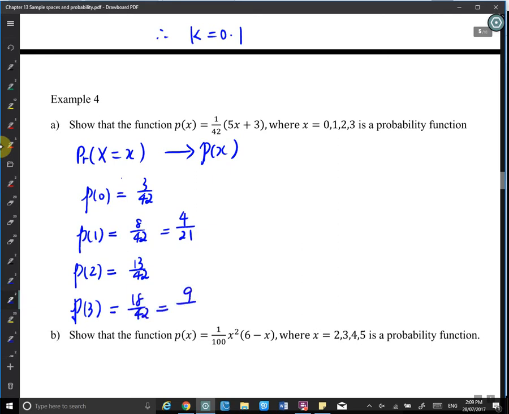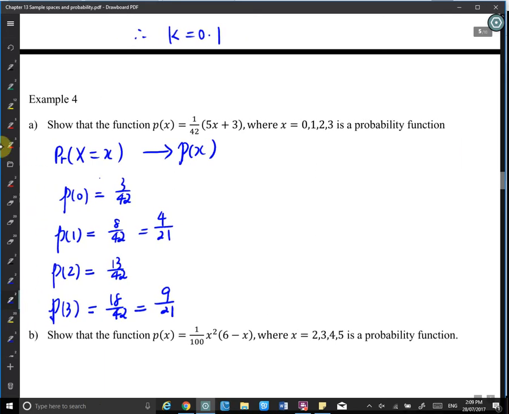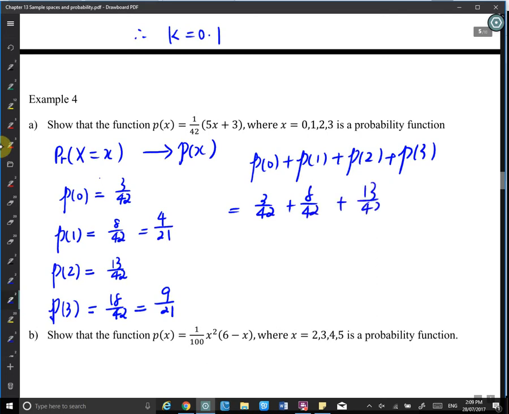That is 9 on 21. Okay, P0 plus P1 plus P2 plus P3 equals 3 on 42 plus 8 on 42 plus 13 on 42 plus 18 on 42. That's 11 plus 31, which is 42 on 42. That equals 1.